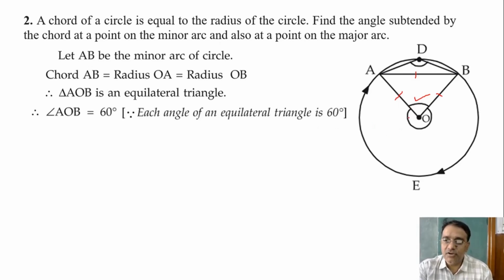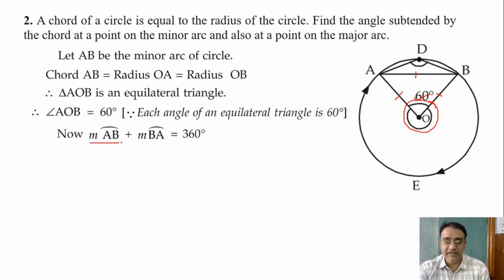Now the measure of arc AB and the measure of arc BA. I'm talking about the total angle. The total angle is equal to 360 degree. Right? So the measure of arc AB we got, that is angle AOB, and the measure of arc BA is reflex angle AOB.